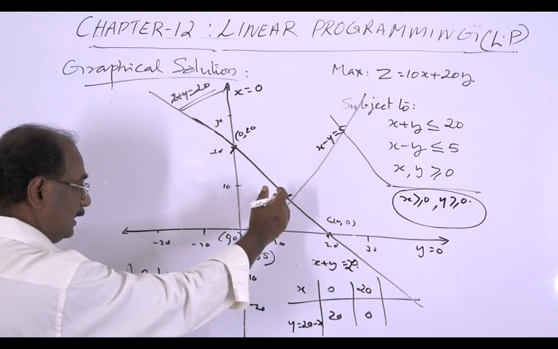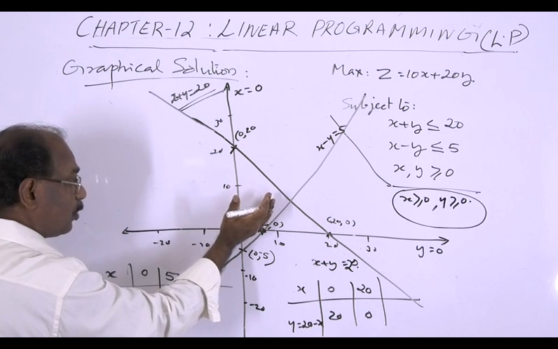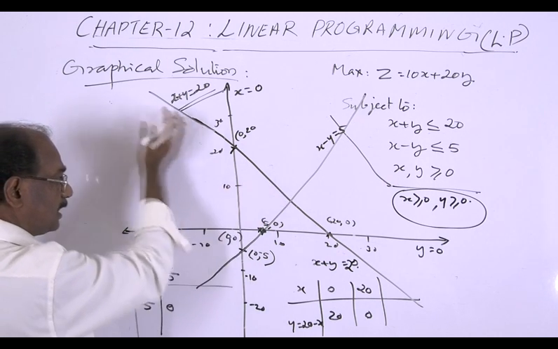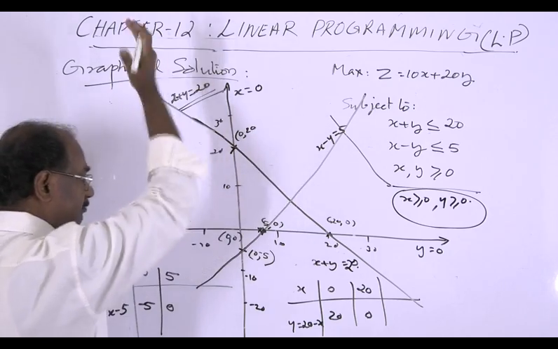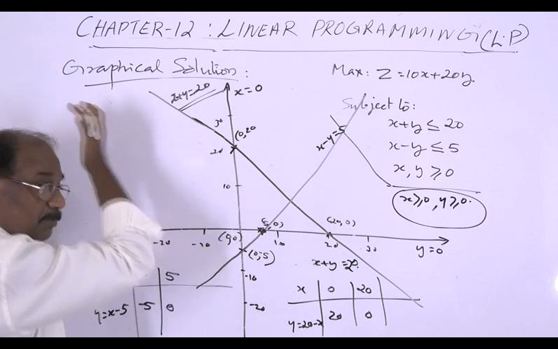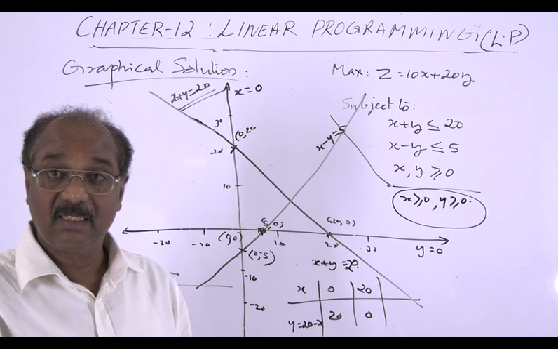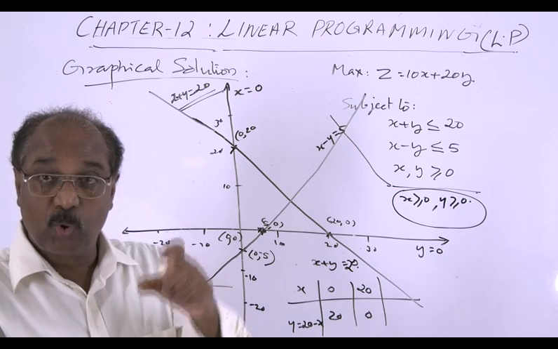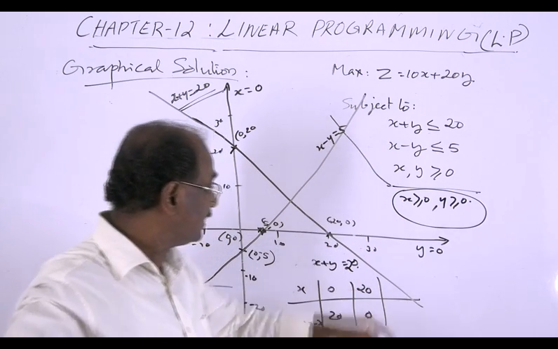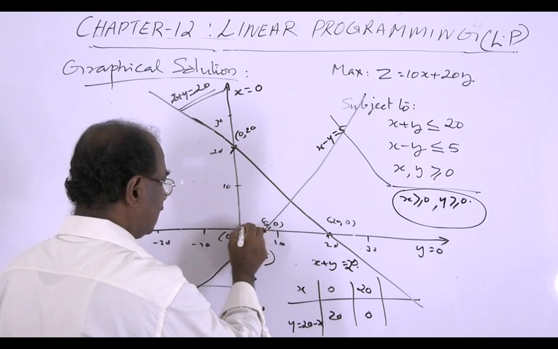This region is the region above the line. Then, what is the region common to all the 4 constraints? So, this is the region.